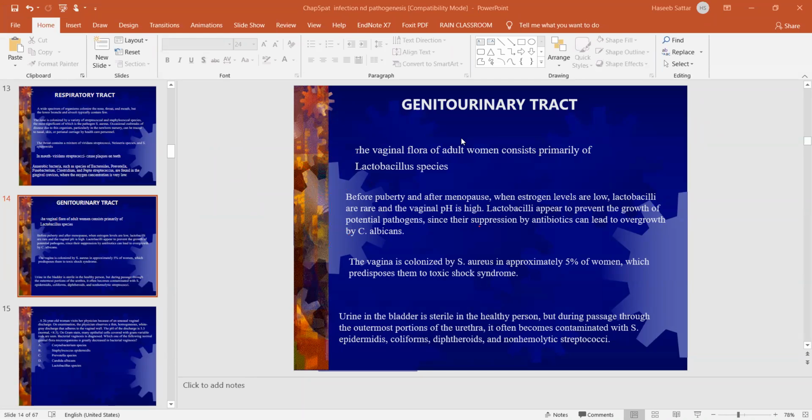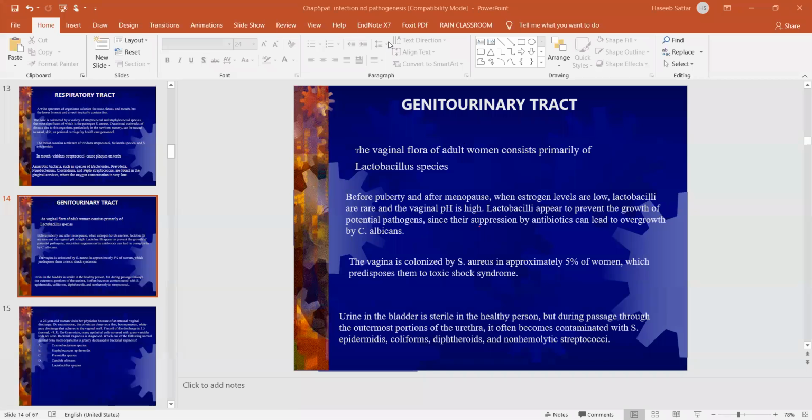Okay, so genitourinary tract, normally in young girls before puberty, there is a very low estrogen level, as well as after menopause. So in this condition the vaginal pH is more basic. But during the fertile period, after puberty and before menopause, most of the normal flora of the vagina is composed of Lactobacillus species.